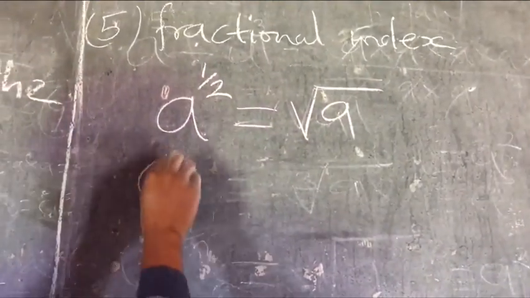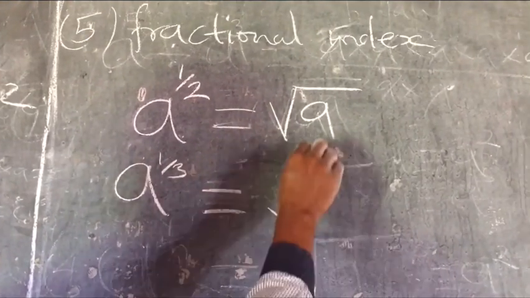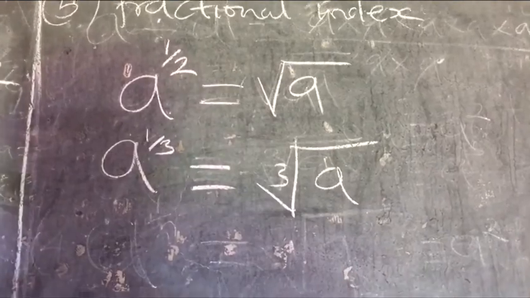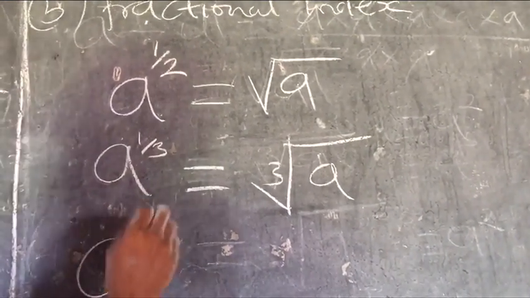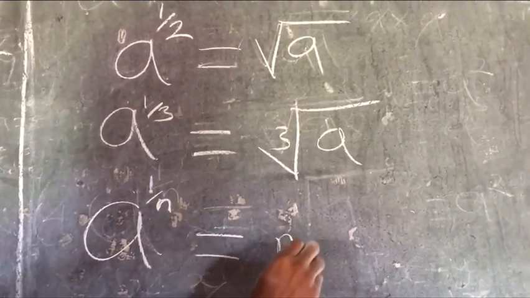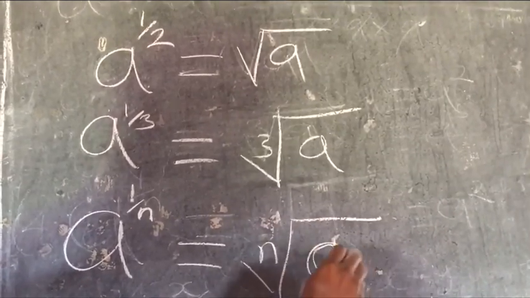And if I take a raised to power 1 over 3, I take the cube root of a like this. Then you say if I take a raised to power 1 over any number, then I take that number root of a.